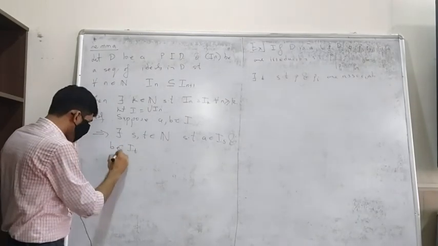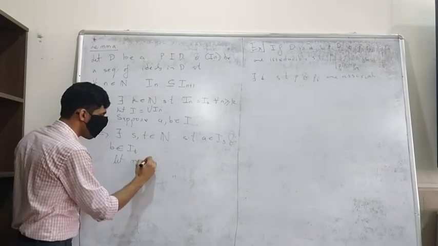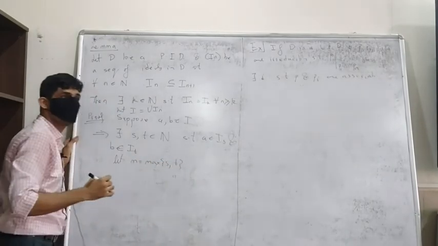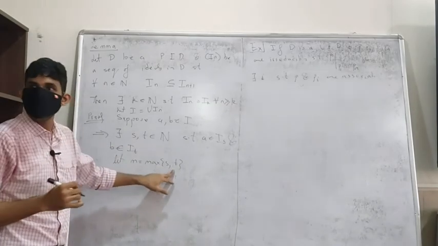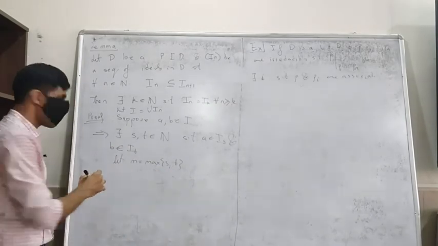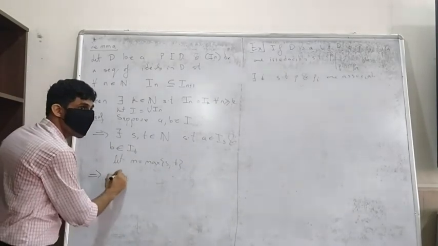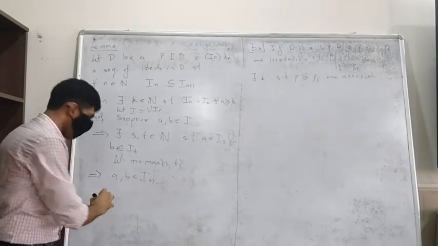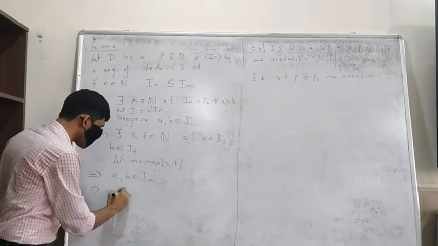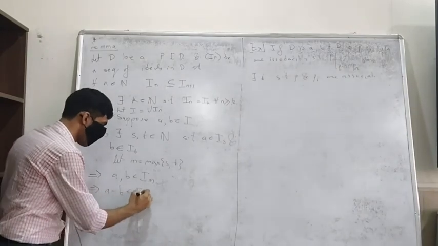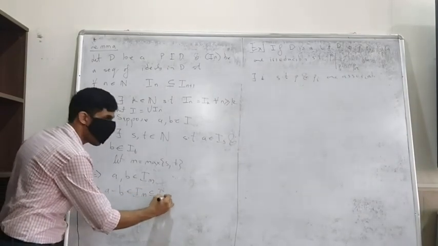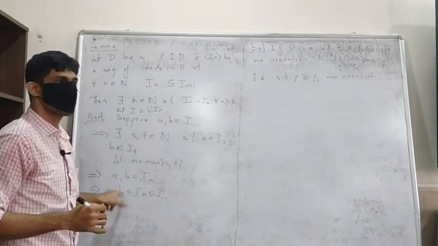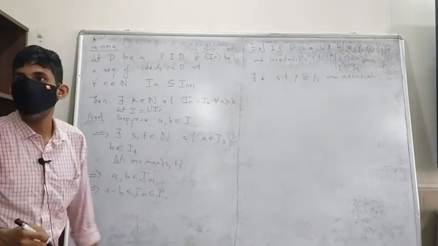Take M to be the maximum of S and T. If M is the maximum of S and T, what will happen? A and B will both be in IM, which will mean that A minus B is in IM, because this is an ideal, but this is contained inside I. So that proves it. For any A and B here, subtract, that's here.